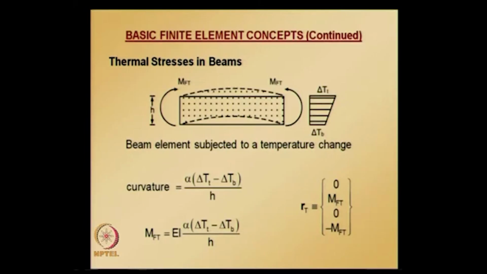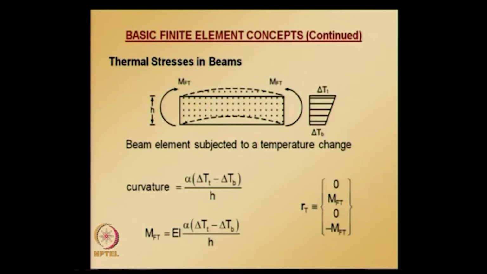Once we get the equivalent load vector, the rest of the solution procedure is similar to what we did for a beam subjected to uniformly distributed load or concentrated loads. So we need to assemble the element equations, and using the element connectivity or node numbers and element numbers, we can get the global equation system, and applying the boundary conditions we can solve for the unknowns, that is rotations and transverse displacements.